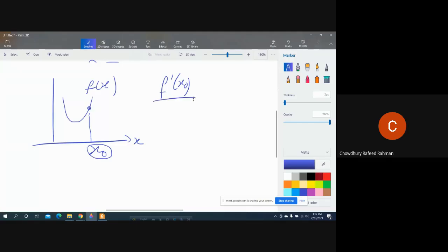That means, in plain English, determine the derivative of f(x) at the point x naught graphically using this graph. Is the question clear?